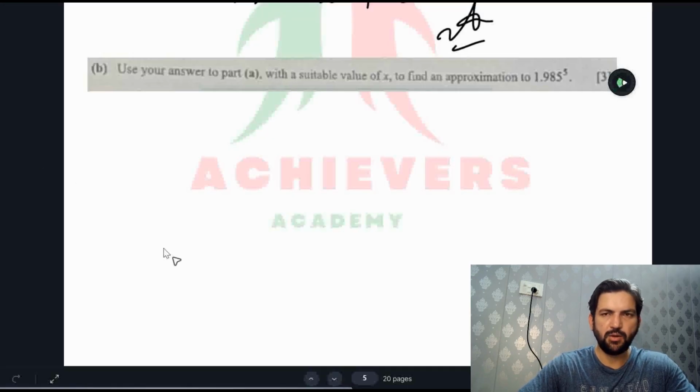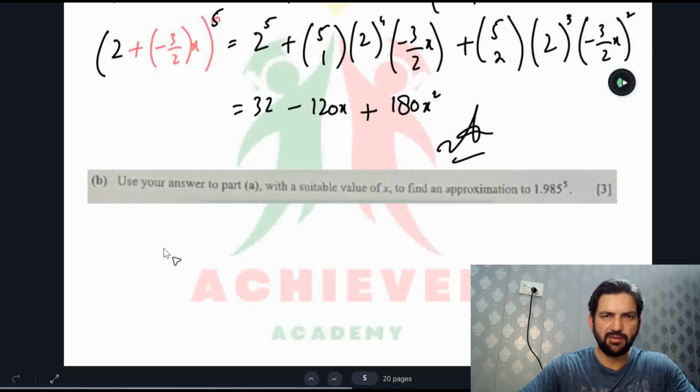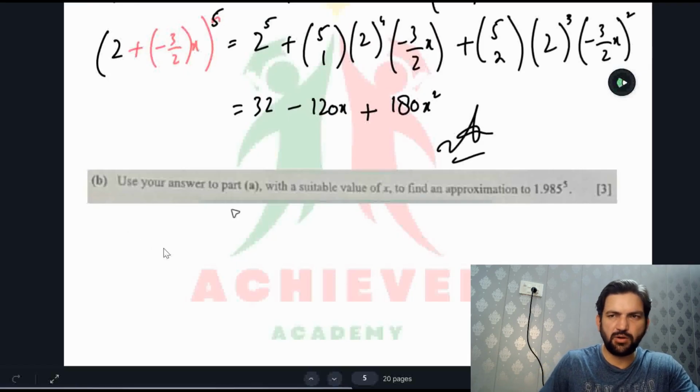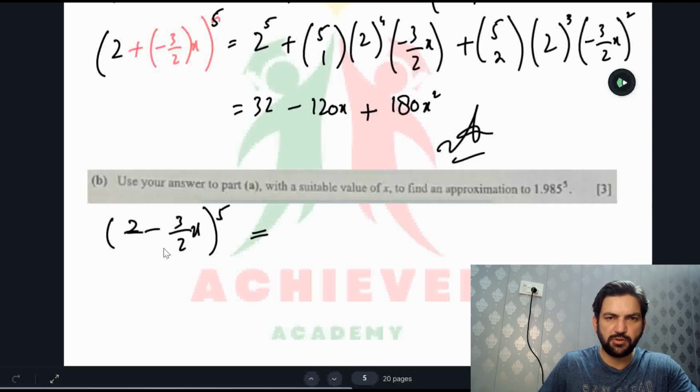In the previous question it was 2 minus 3 by 2 x, the whole power 5. With a suitable value of x, we find the approximation of this, which is basically 1.985 whole power 5.